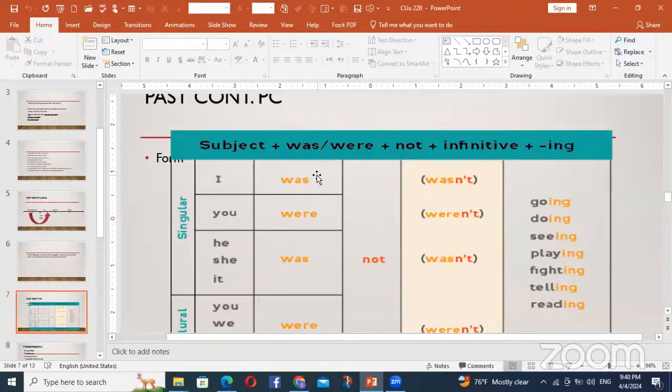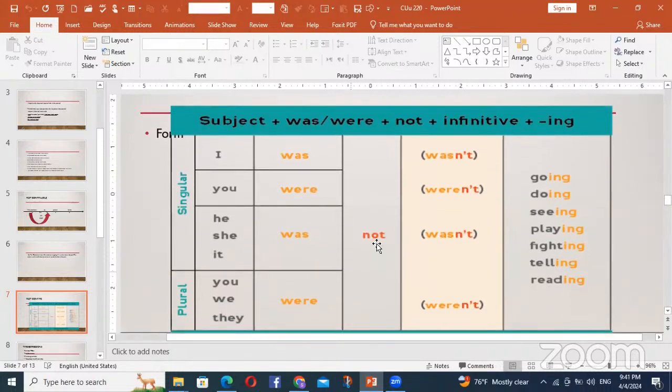So I was, you were, he was, she was, it was, you were, we were, they were. And then we put a not after them. So was becomes wasn't and were becomes weren't. The action verb plus ing: doing, going, seeing, playing, fighting, telling, reading.